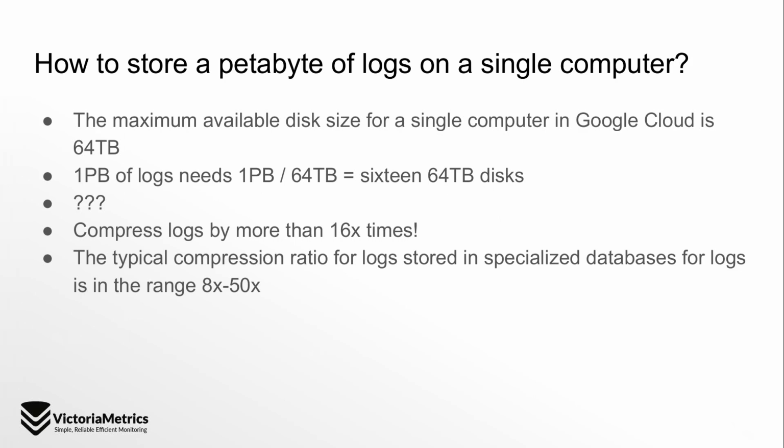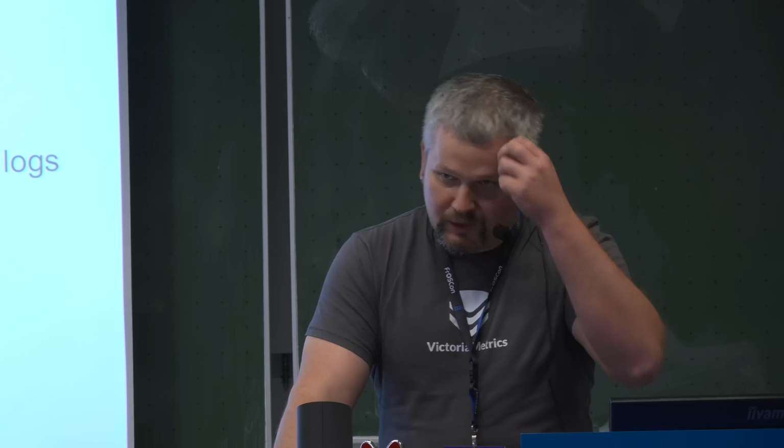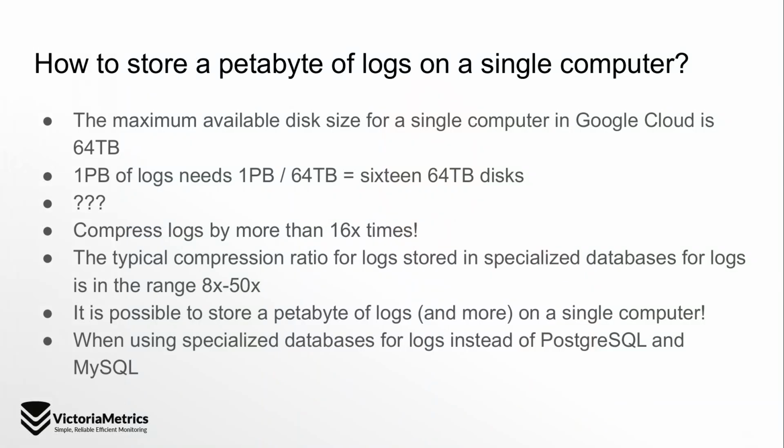So we can compress typical logs, a petabyte of logs, into 64 terabytes and store them on a single computer in Google Cloud. And we can store even more logs on a single computer if they compress better than 16 times. The only exception is that this is possible only when you use a specialized database for logs, and it is impossible when you use Postgres or MySQL.